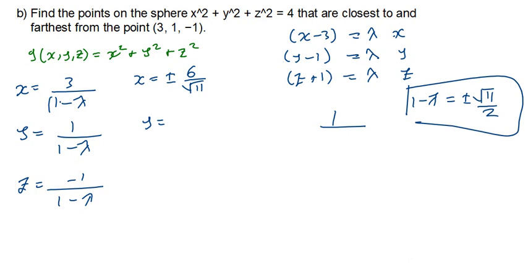I'll try not to erase that one. So we substitute here: positive or negative square root of 11 divided by 2, which is just positive or negative 2 over square root of 11.